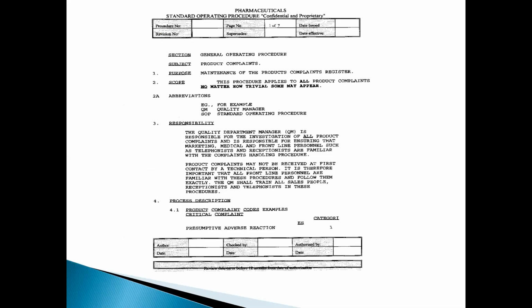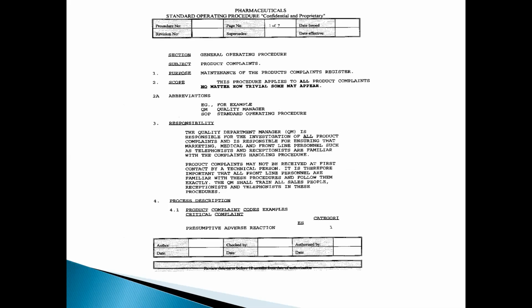This is one small copy, a specimen copy: standard operating procedure, confidential and proprietary. The header should have the company name, procedure number, page number, date issued, revision number, supersedes, date effective, which section, general operating procedure, subject: product compliance, maintenance of the product compliance register.